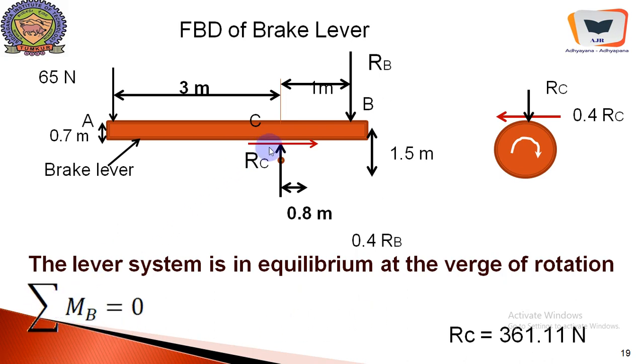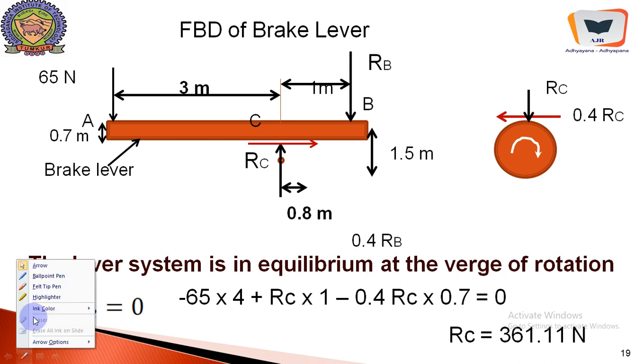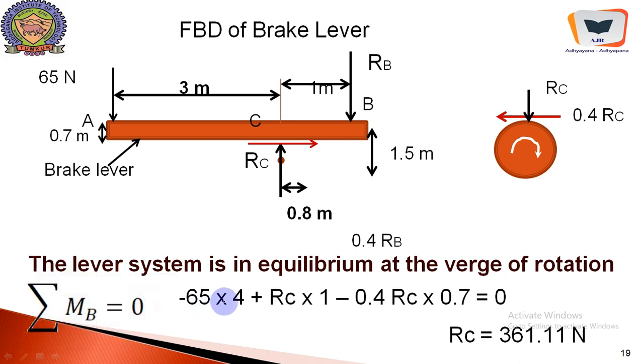Now sigma MB equal to 0. We will take moment with respect to this particular point. What we get? Minus 65 into 4. The distance is 4. It is trying to rotate the lever arm in anti-clockwise direction with respect to B, and RC has a moment effect like this in a clockwise direction.